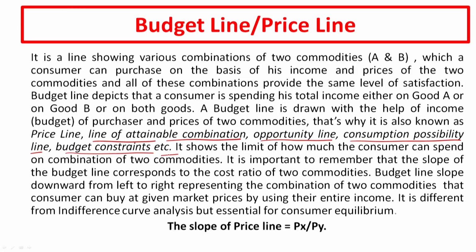The slope of the price line is equal to price of X commodity upon price of Y commodity, because we are going to demand the respective goods and services at their given price, and the income of the consumer is limited. So, they have to choose how much quantity they need to purchase at given price out of their limited income to maximize the satisfaction. This is known as price line.